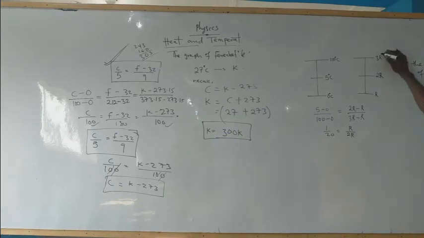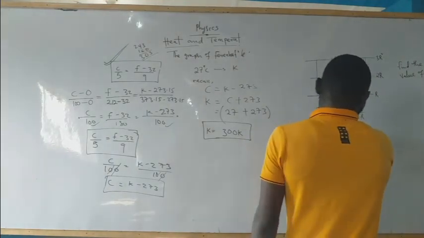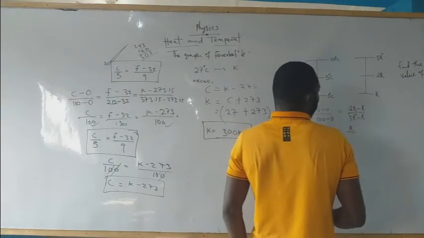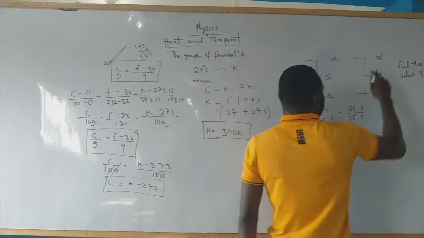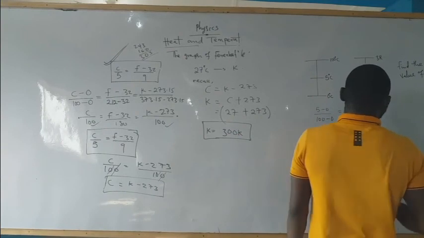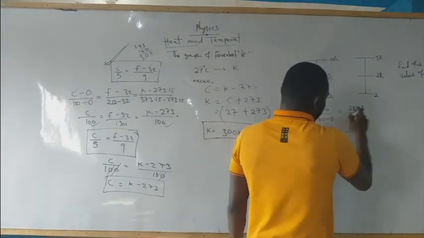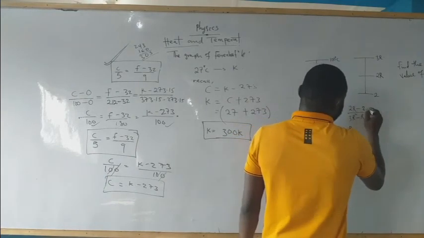Okay? Let's call this R squared. If this is R, let's call this to be 2. That will be minus 2.